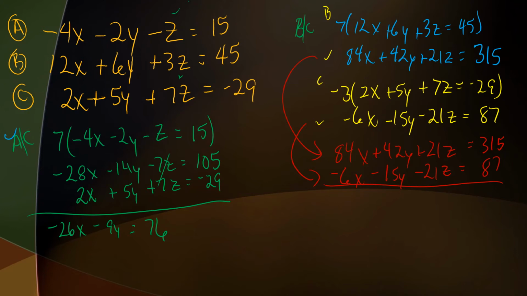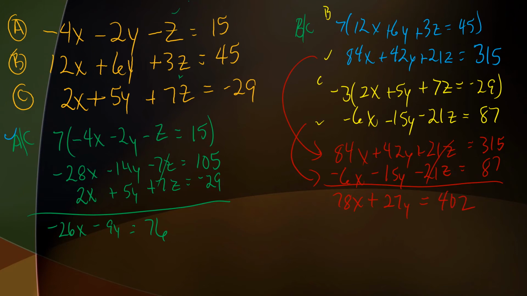I'm going to add these two together, and when I do, I've got 78x plus 27y. My z's have canceled, and that equals, let's see, 315 and 87 is 402, I believe, 402.